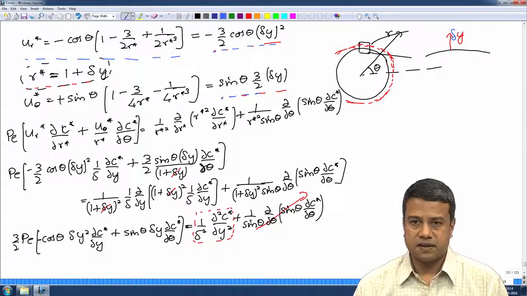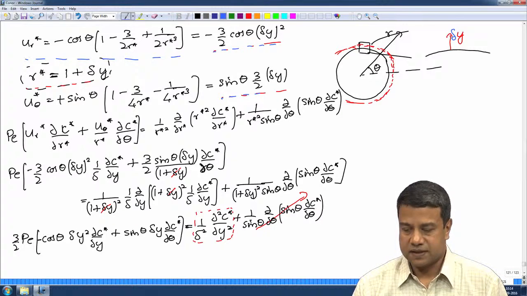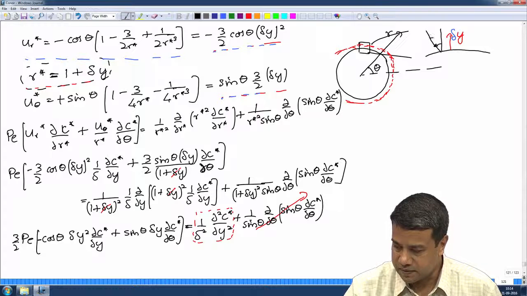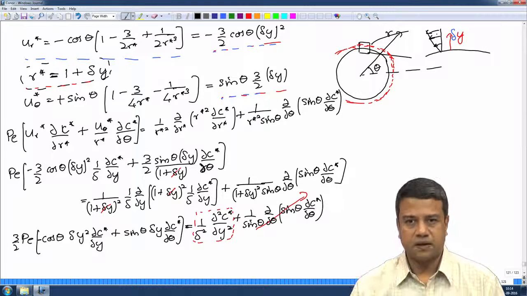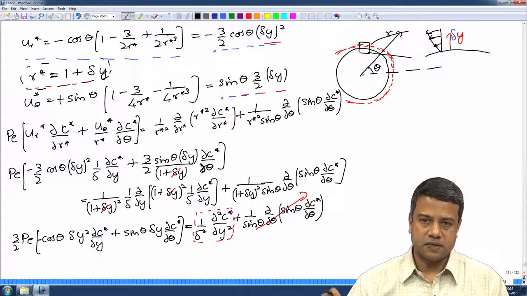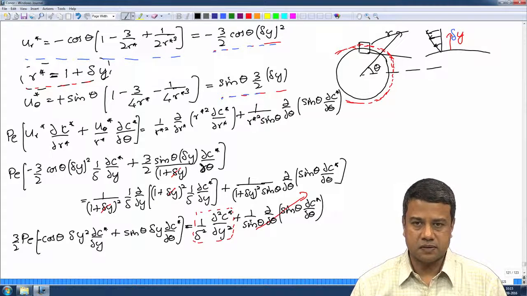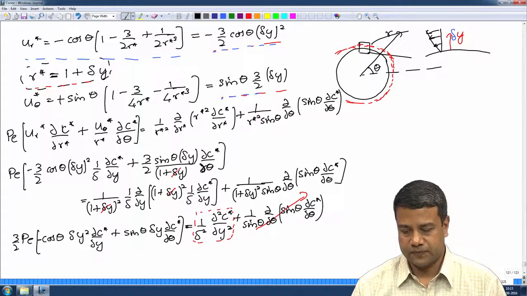The latter is not surprising. The velocity at the surface itself has to be equal to 0. If I plot the velocity profile at the surface, the velocity has to be 0 at the surface because we are in a reference frame situated on the particle, in which the particle is stationary. Therefore, the surface of the particle is also stationary. Due to that, the velocity has to be 0 at the surface itself, and if the shear stress is non-zero, there has to be a linear increase from the surface.